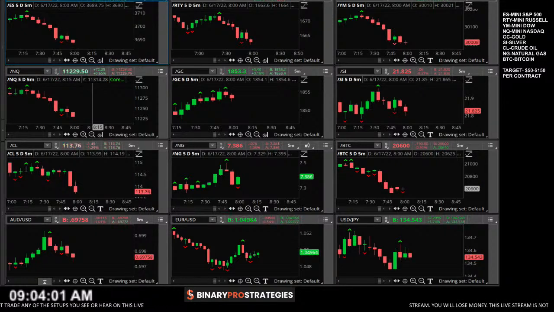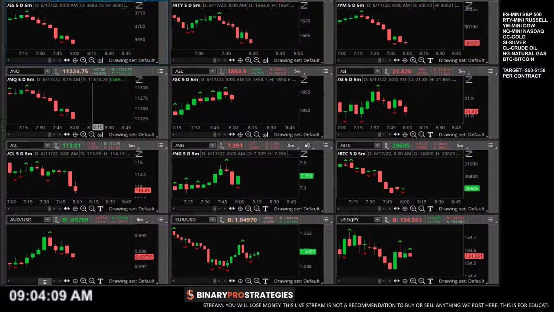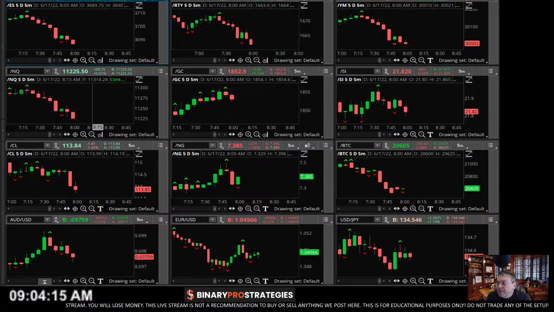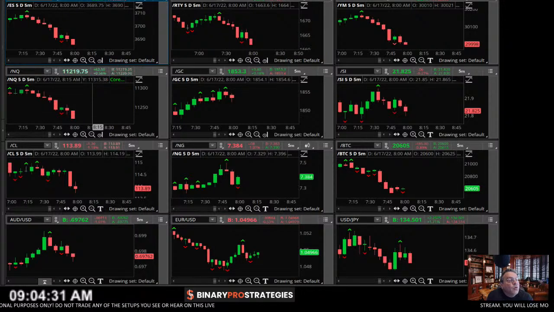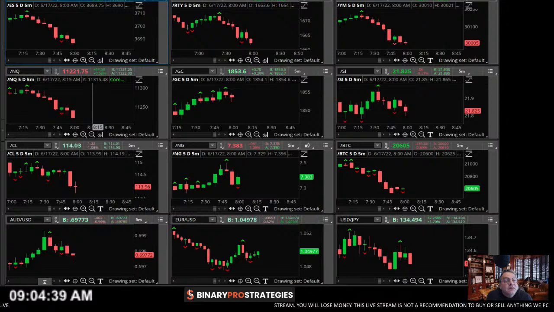So we'll do a quick scan here and see if we see any initial setups. Watching ES, we may be getting a potential short on ES, which is our mini S&P. YM has already started in a short. Now NQ is getting a short. NQ, which is going to be your mini NASDAQ, is having a short in here.